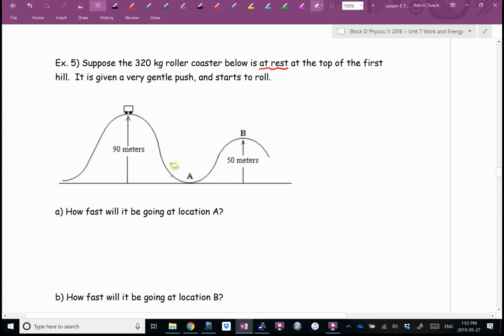Okay? So I'm going to let this be initial and this be final. And Evan, I know you were away. Antonio, can you read to me the law of conservation of energy equation?